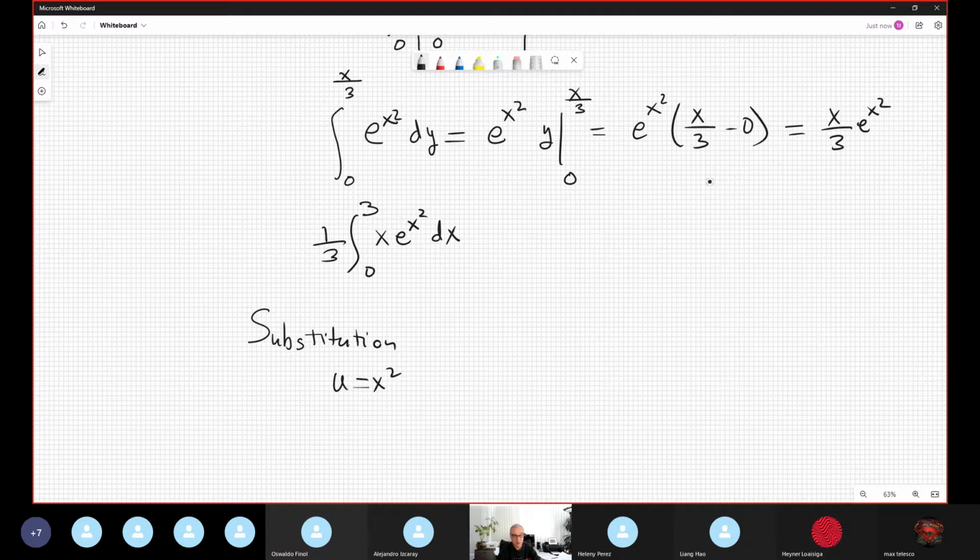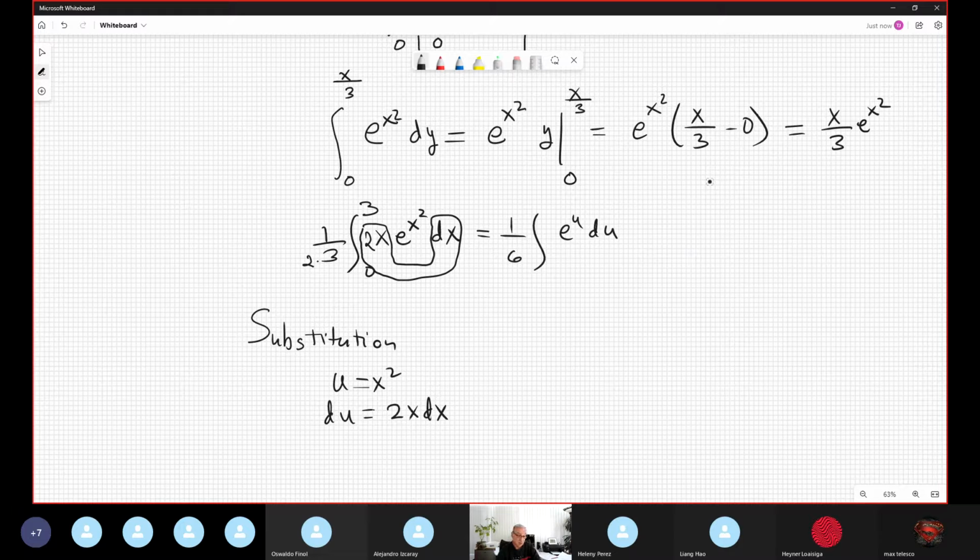Entonces now, du is equal to 2x dx. The only thing I need is an extra 2 here to complete the differential, and you put here the 2. 2 divided by 2 is 1, so it doesn't affect. However, this is 1 over 6. Integral e to the u du. Because this guy and this guy together is the du, no?